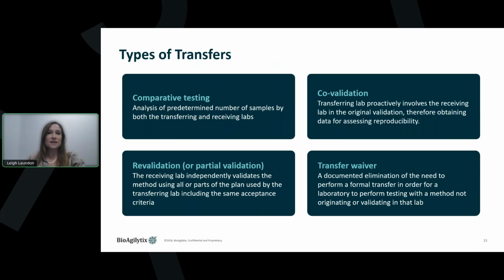If the sending lab is not necessarily ready for a validation, you may just do a revalidation, or if the sending lab has already done the validation, you could do a revalidation or partial validation at the receiving lab, and these results will be independent at the receiving lab. However, they can be compared to a previous validation from the sending lab.